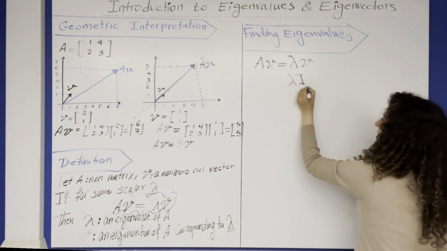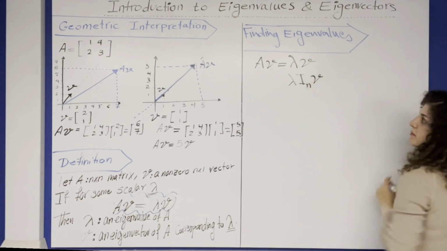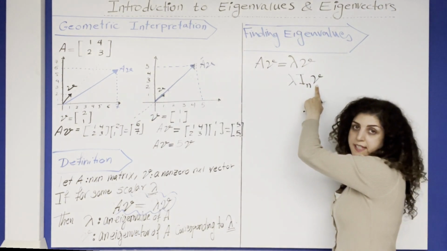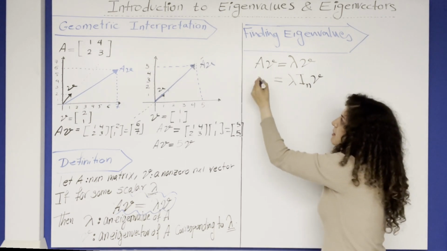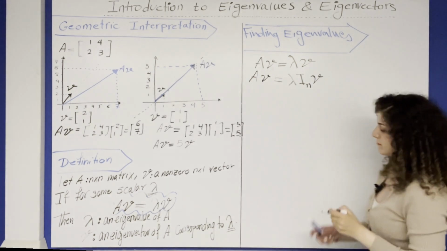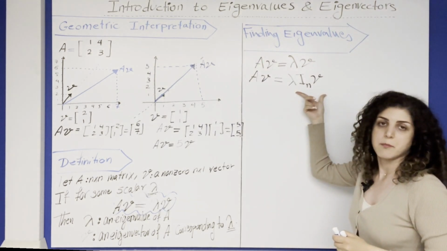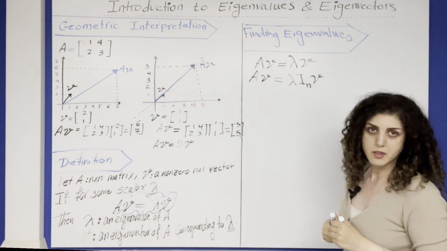Now, in the right hand side, this is a vector which I can replace with lambda times identity matrix of the same size as V times V, right? So identity times any vector or matrix gives the same vector or matrix. So I'm not changing anything. And I'm going to just rewrite the left-hand side. So here I have two vectors of the same size, of size n by 1, and they are equal. It means that their difference must be the zero vector.